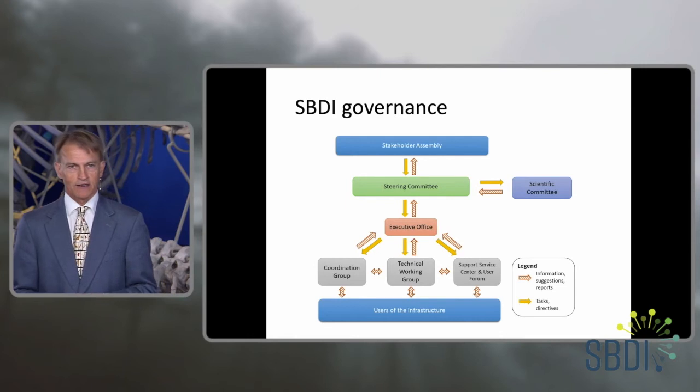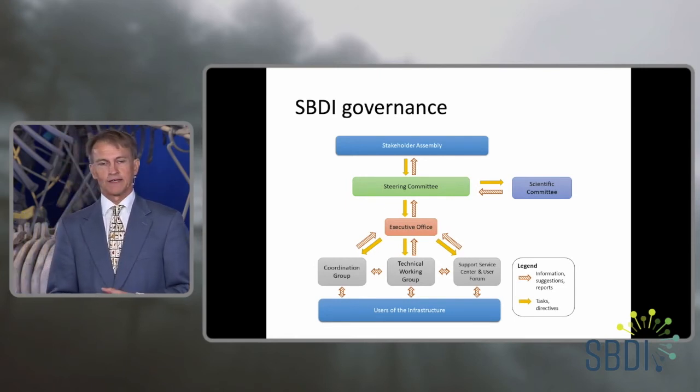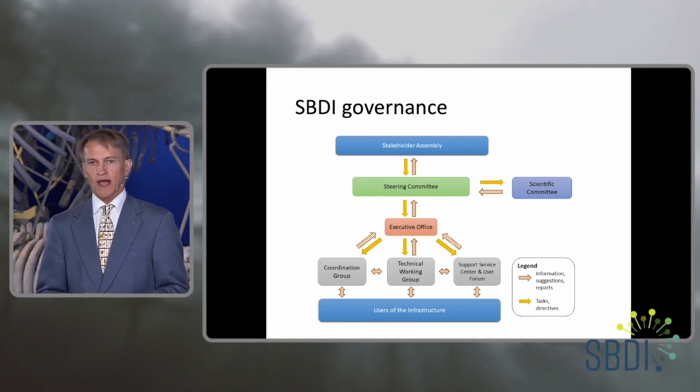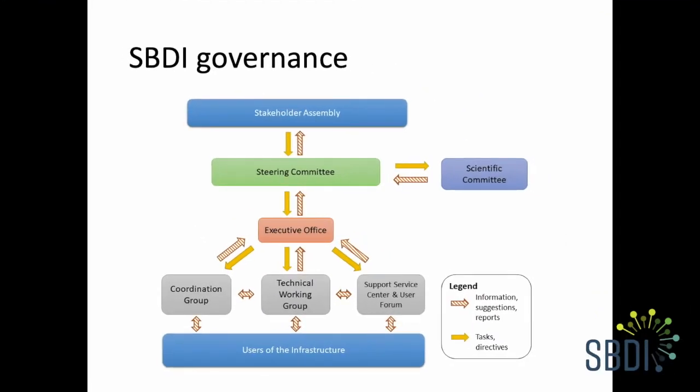The SBDI governance model is similar to what you would expect from other research infrastructures. We have a stakeholder assembly representing all of the partners in the consortium, typically at the deputy vice chancellor level, so at the highest level within the organizations. And they take long-term budget decisions, among other things.